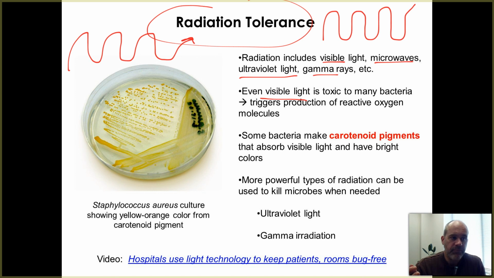And what they do is they hit or interact with oxygen-containing molecules and can trigger many of them to become those reactive ones that we talked about, the nasty ones that we talked about in the oxygen requirement section. And once you've got these nasty oxygen-containing compounds around, they'll wind up destroying the DNA and the proteins and so forth of those microbes, and then those microbes are going to die.